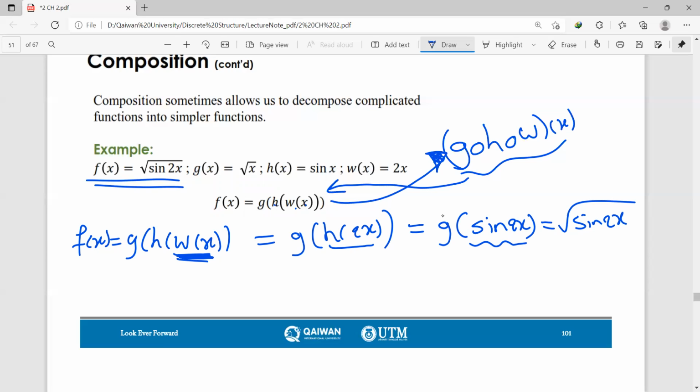We just write down the function as we did here, and then we find H of 2X. H of X is sine X, so H of 2X is sine 2X. Then G of sine 2X. G of X is square root of X, so for G of sine 2X we just replace X by sine 2X in the function G.